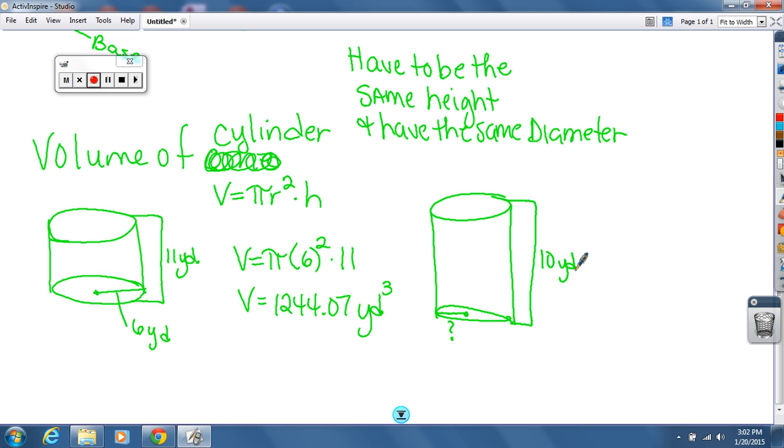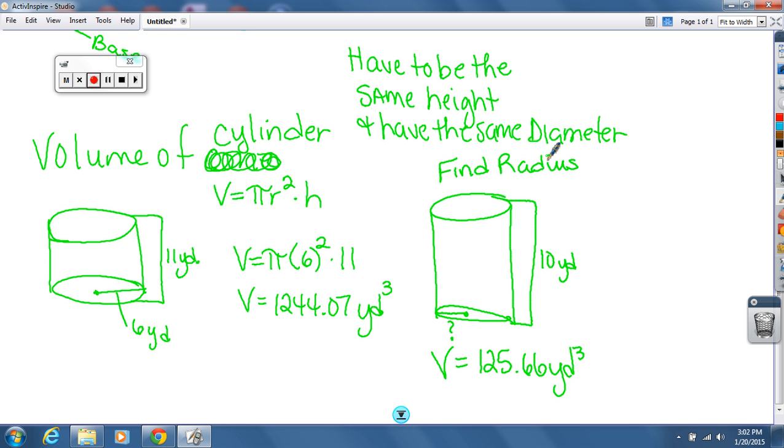Alright, so I'm going to set it up the exact same way. I got to have the volume, don't I? So my volume is 125.66 yards cubed. So that's the volume of this, and I want to find the radius.